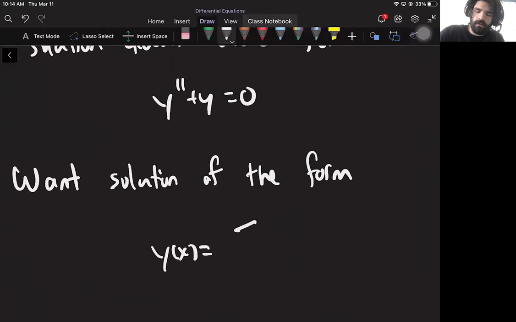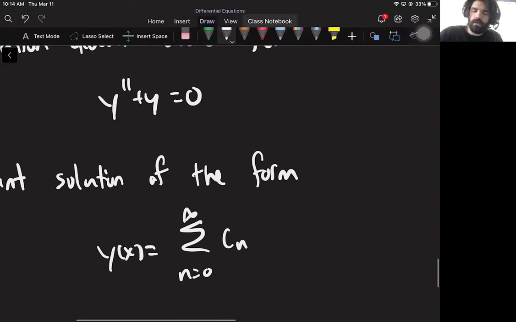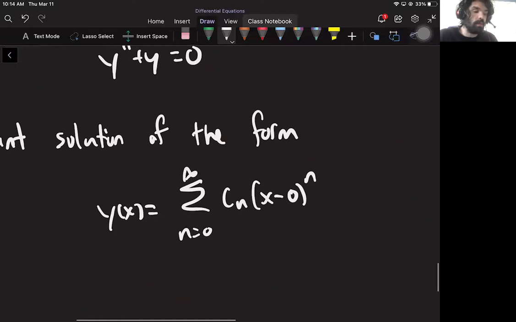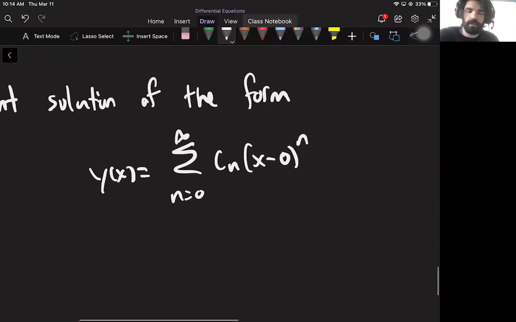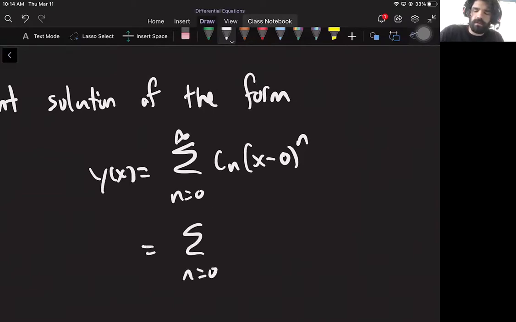So what we're going to do is we're just going to plug in the power series and determine the coefficients, what they need to be. That's the idea. Okay, so it's centered at 0, so you can simplify this immediately. So just x to the n, so we'll do that.